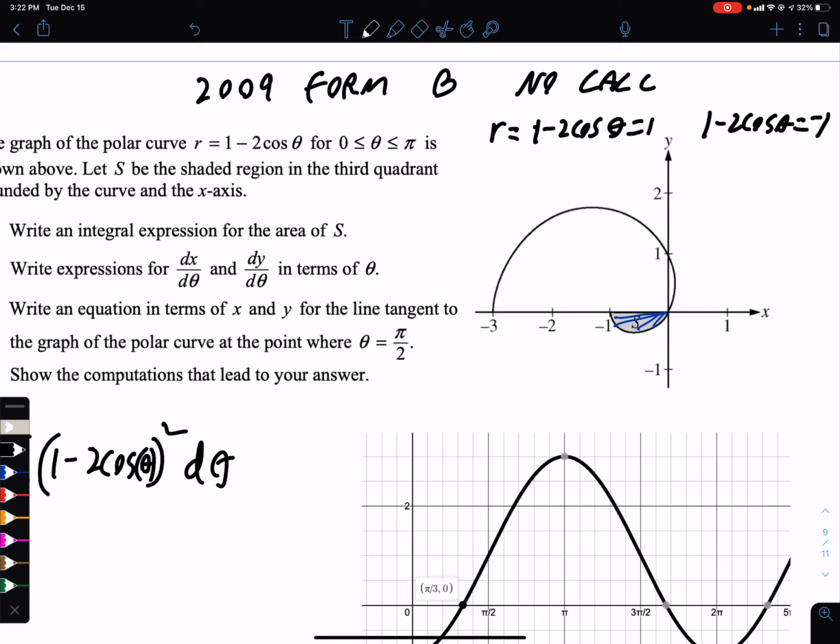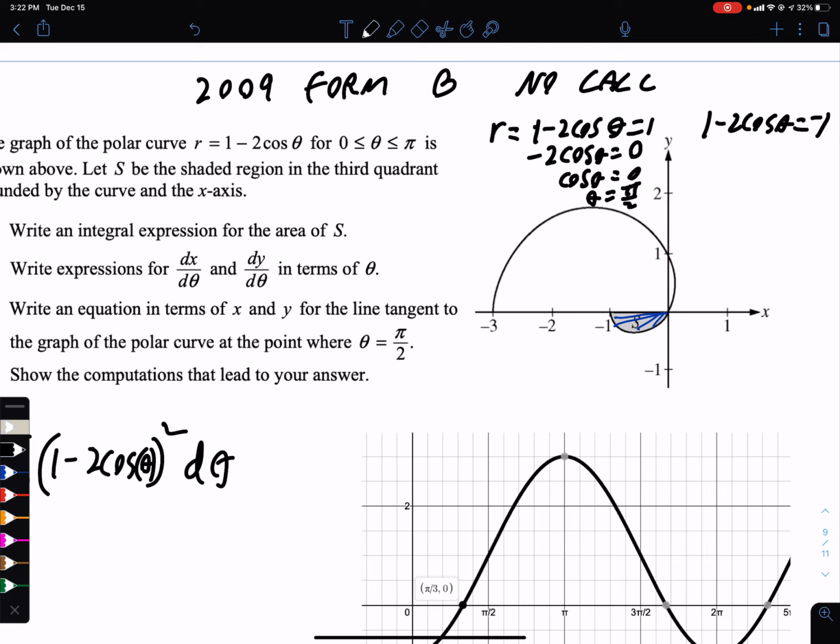I'm going to subtract 1 from both sides. -2 cos theta equals 0. Cos theta equals 0. Well, theta must be pi over 2. So it looks like at pi over 2, r would be 1, but that would be that point, right? Pi over 2, 1. So that's not it.